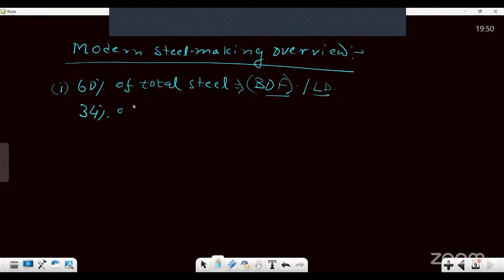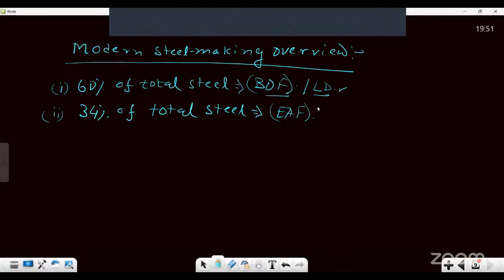34% of the total steel comes from the electric arc furnace. The electric arc furnace is also a good process, but here the magnitude of the production is less. The LD or BOF process can produce a lot of steel, but that amount we will not be able to produce in the electric arc furnace.